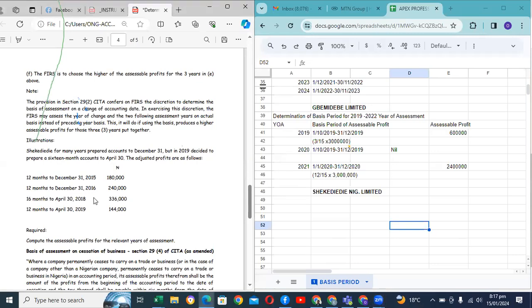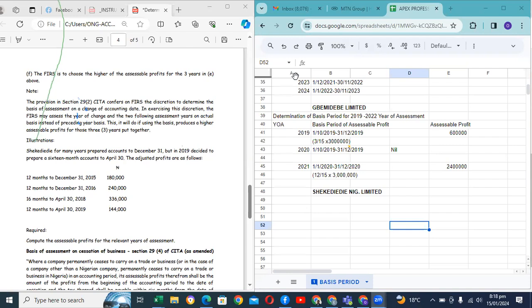Now let's check the question together and determine the year of change. We define the year of change to be the year in which the company refuses to make up its account to the usual accounting year end. So we want to do a drama now. I'll be the tax consultant, you will be the client. I'll be asking for your financial statement to December 31st, 2015, and if you're able to provide it, then no problem.